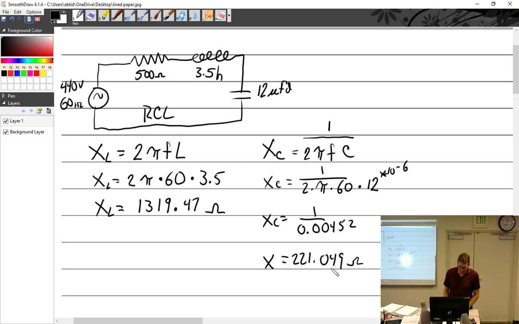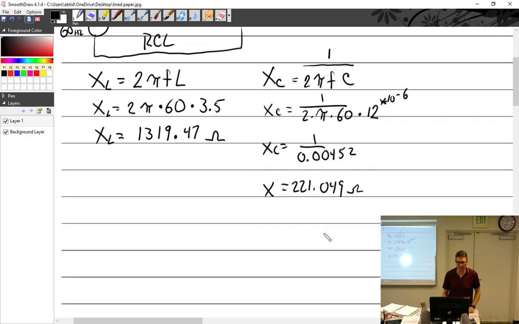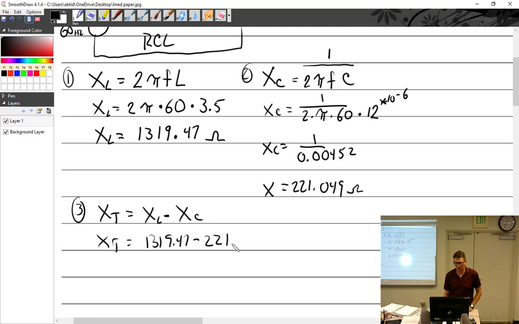Next thing I would want to do is solve for X total. You're writing these down, right, in this fashion. First thing is X of L, and the second thing is X of C. Then the third thing I want is X total. X total is X of L minus X of C. So you have X total equals 1319.47 minus 221.049.